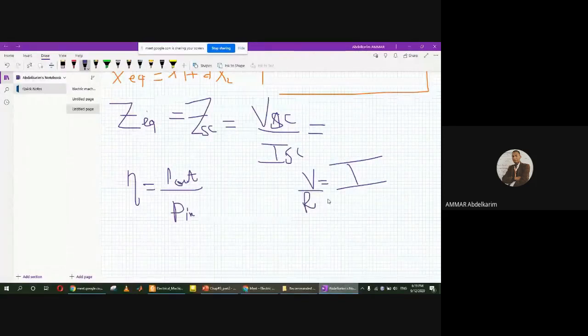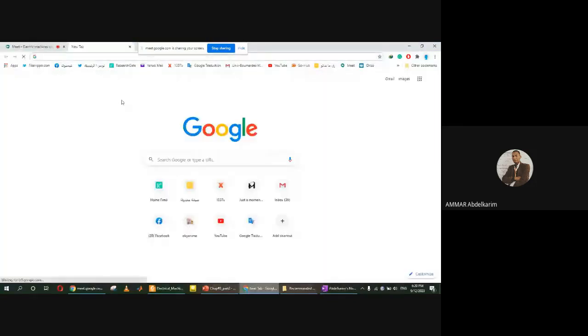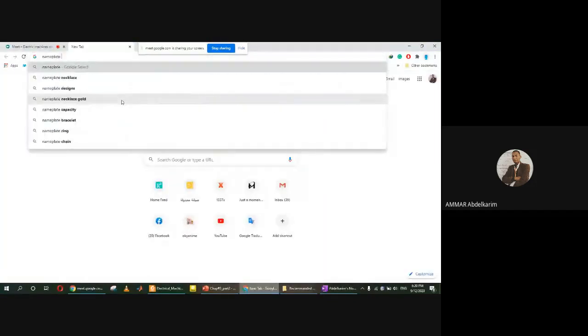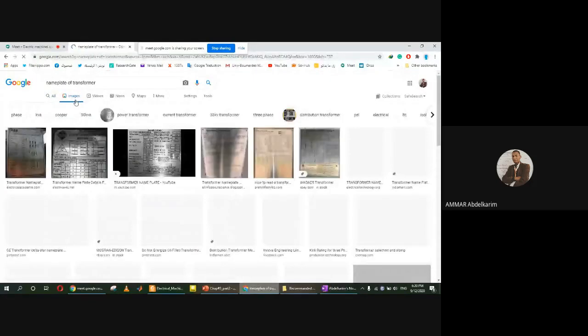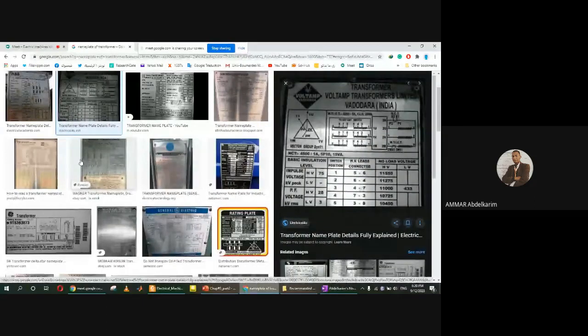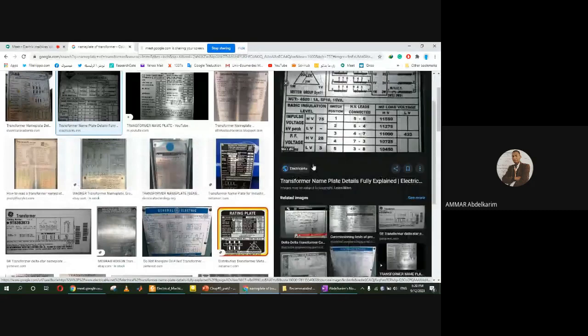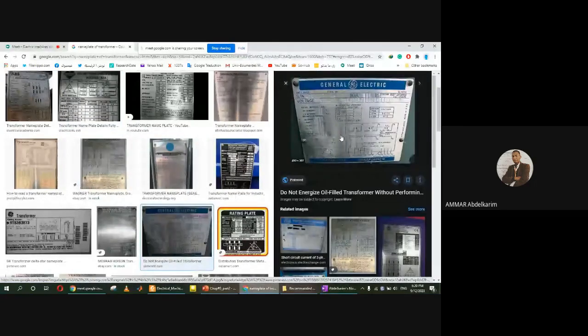I will try to find the nameplate. Okay, let's Google nameplate of transformer, to show you the meaning of the nameplate of the transformer. So this is the nameplate, placed on the transformer.